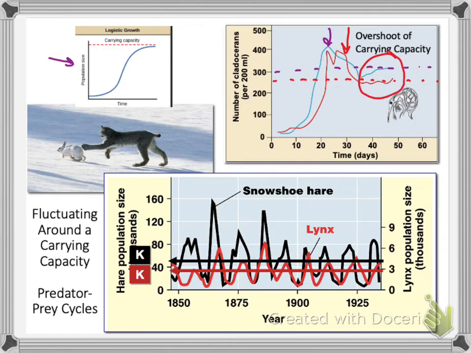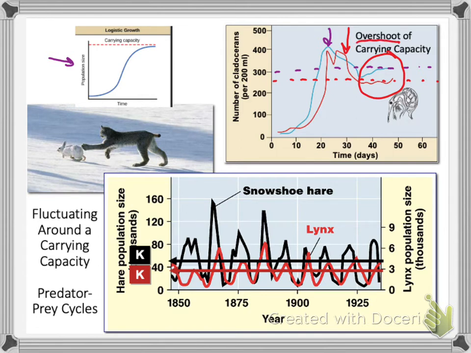So oftentimes in nature, populations don't say, oh, I'm reaching my carrying capacity, I better reproduce less. That's not typically the case. Organisms are going to take advantage of the resources they have. And if the resources seem abundant, they're going to reproduce, but it may not necessarily be abundant for the long-term maintenance of that population size. And so that's why we're seeing that decline. So keep in mind, overshoots happen.